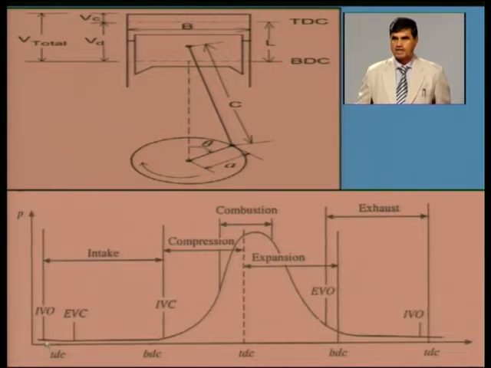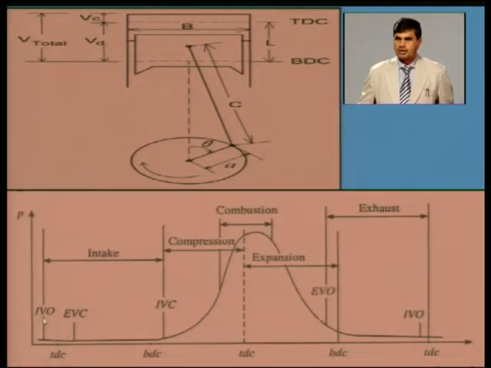Somewhere here we have opened the inlet valve, the starting of inlet valve opening. When we started opening the inlet valve, at that time even the exhaust stroke was going on. Here I am indicating EVC, exhaust valve closing. So we have started to open the inlet valve, and at the same time exhaust products are going out from the previous cycle.